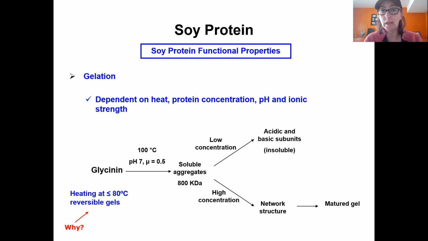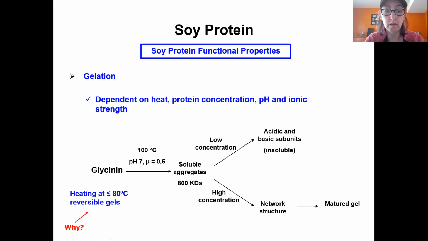So if we're looking at soy, this is the same. The glycinin, for example, denatures at a little bit over 90 degrees Celsius. So you want to heat above the denaturation temperature, because if you heat below the denaturation temperature, you might form a gel, but it's reversible because you don't induce real denaturation, so you don't have disulfide interchange, and potentially it's only hydrophilic, ionic and hydrogen bonding type of interaction.